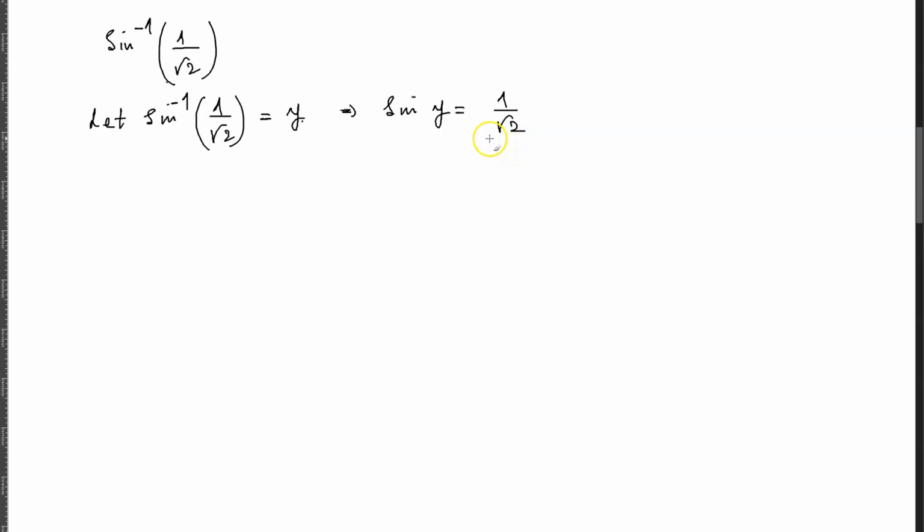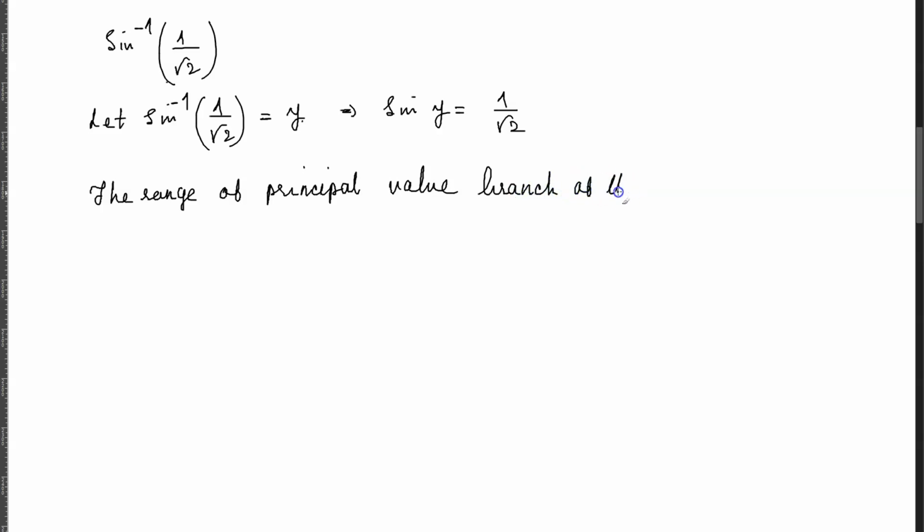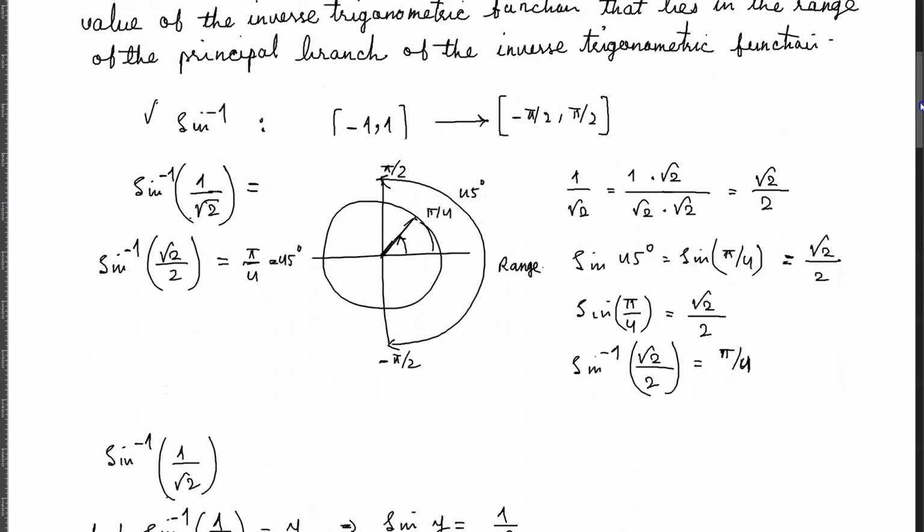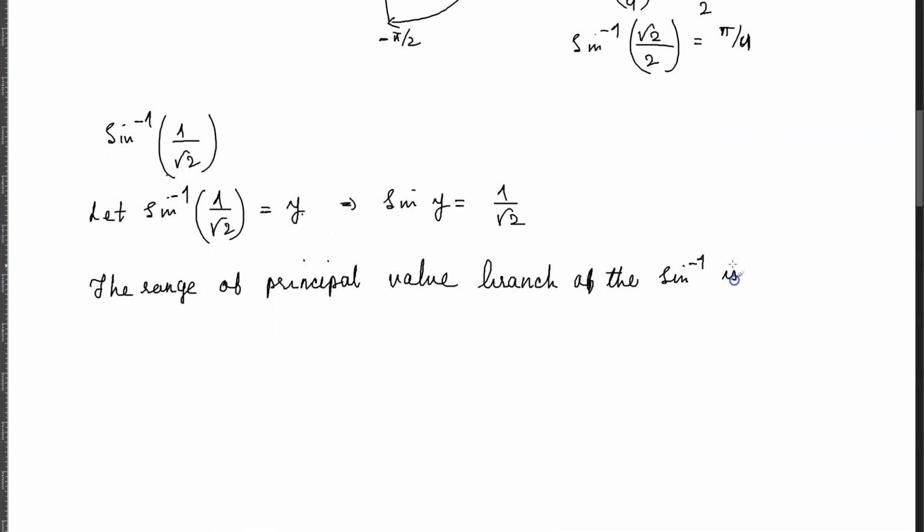So we know that the range of the principal value branch of the sine inverse function is negative pi by 2 to pi by 2, right?